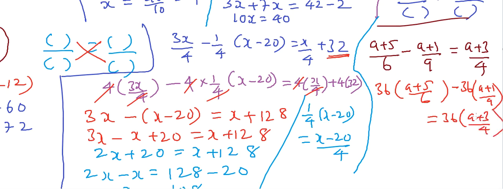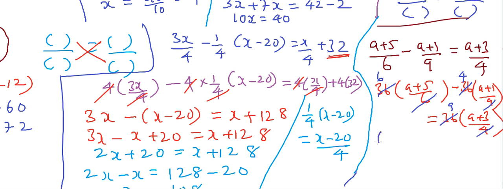Remember to multiply each term by 36, then only the equation will remain valid. Here it gets 6 times, here 4 times, and here 9 times.